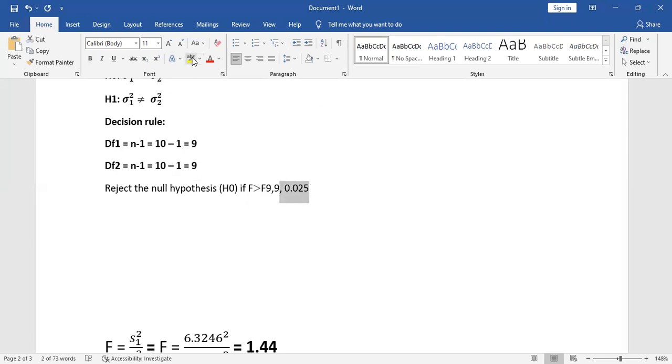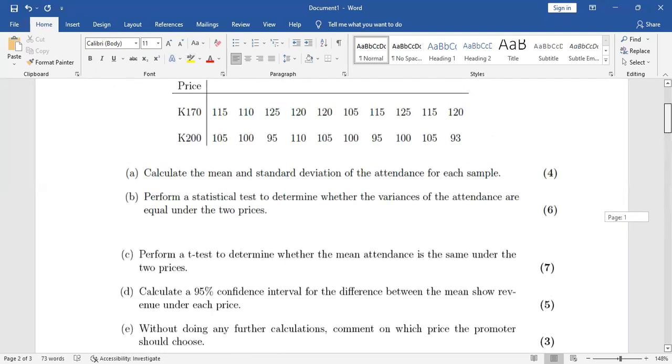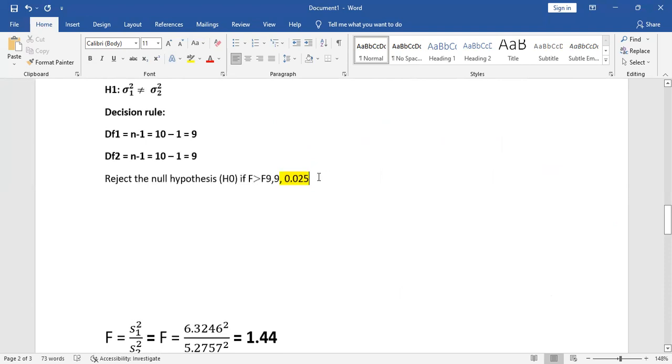Now, where is the 0.025 coming from? If you haven't been told at what level you are testing, we assume you are testing at 5%. Now, the test for equal variances simply means that the 5% has to be split into 2. By doing that, we obtain 0.025. So when we are reading the table, we are going to read the F table.